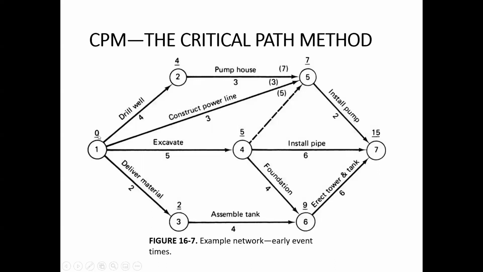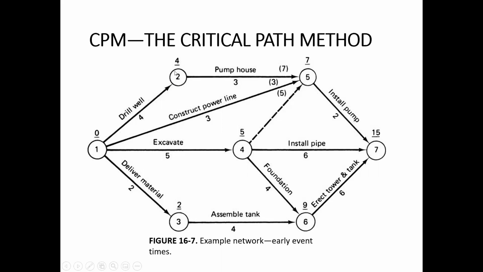So 0 plus 4, then that activity will finish at the end of 4 weeks. But we will show it as an event finish time. The finishing of that activity is the finishing event of that activity.